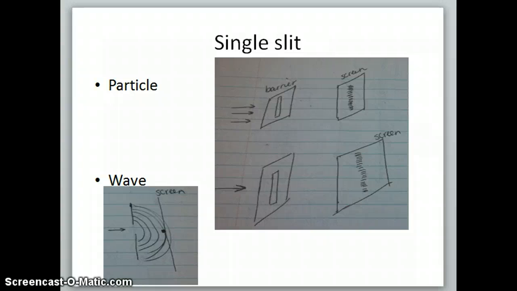Now waves are a little different. You send a wave through that same slit and you have diffraction, and if you have a screen right here, what you'll have is the point of contact at one point. So they look the same between waves and particles.